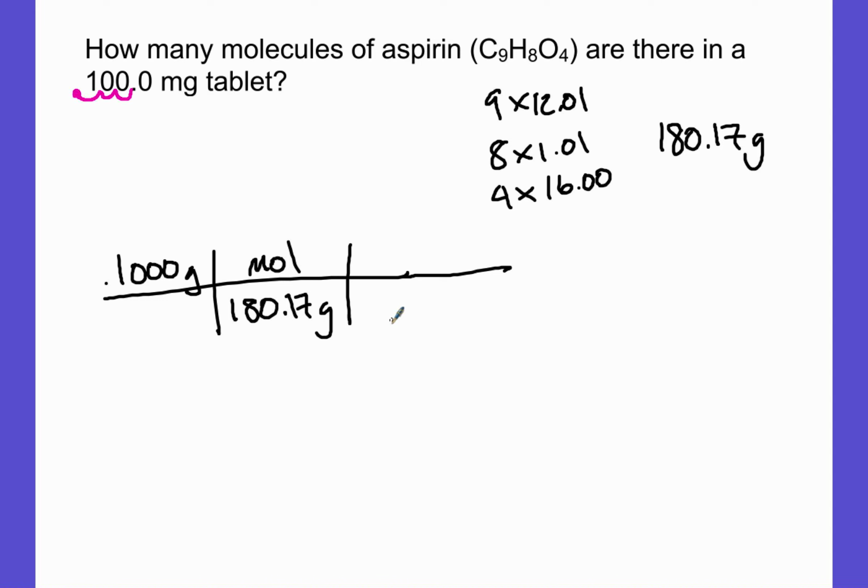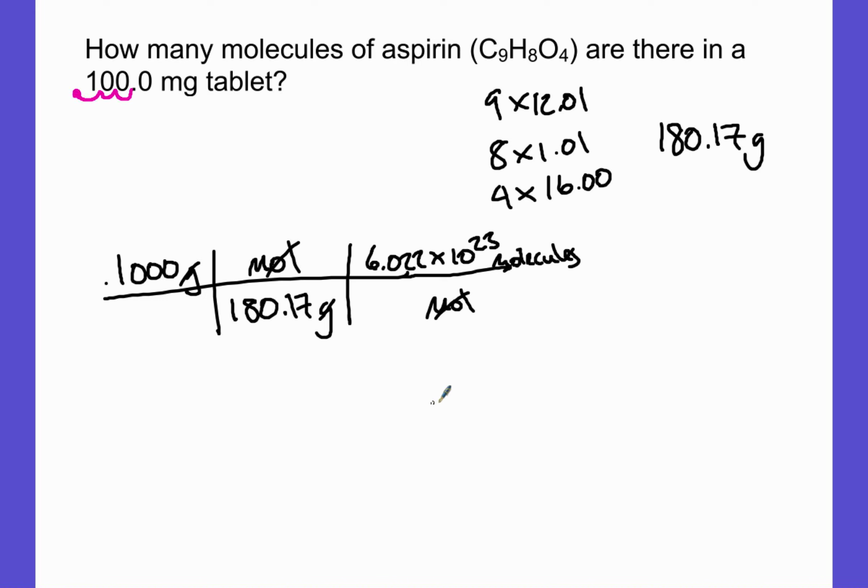But there's actually one more step here, because it asks me how many molecules of aspirin there are. So going back to that problem we did with water in the notes, remember there's 6.022 times 10 to the 23rd of anything in a mole. So I can put molecules here, put mole underneath. Everything's canceling except for that molecules, and I can come up with an answer.